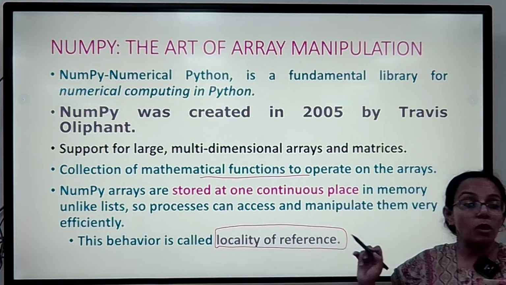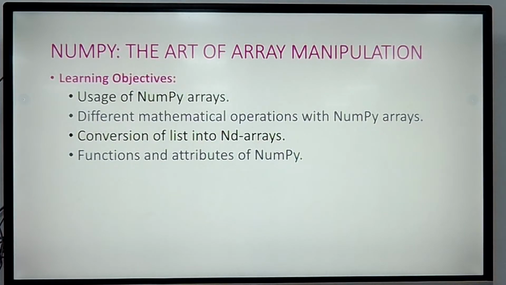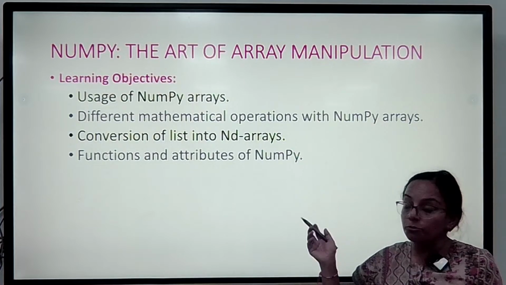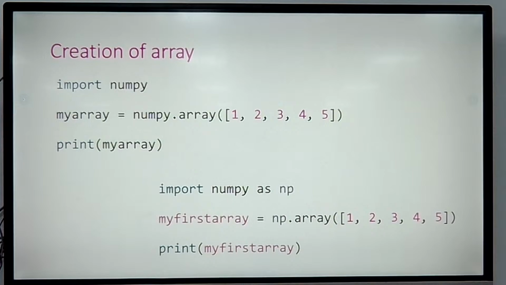Locality of reference is basically the storage of data in an array in a continuous memory space so that they can be easily accessed and manipulated. Various operations could be performed easily. In this chapter, we will be learning how to use Numpy arrays, what the different mathematical operations are, how to convert a list into arrays, and what the various functions and attributes are.